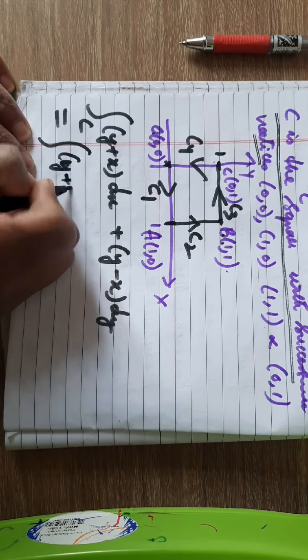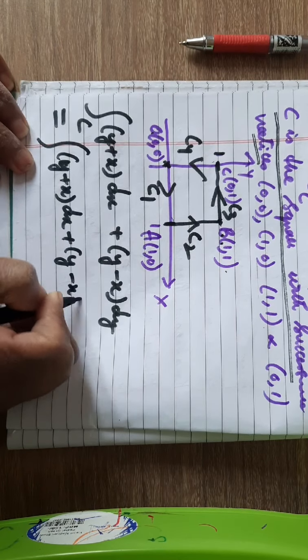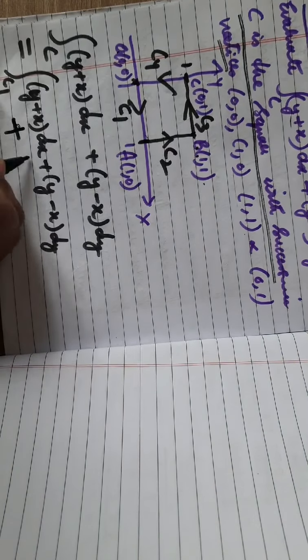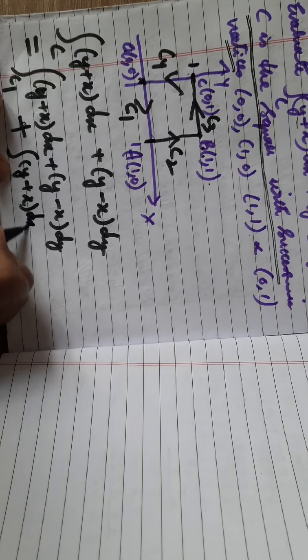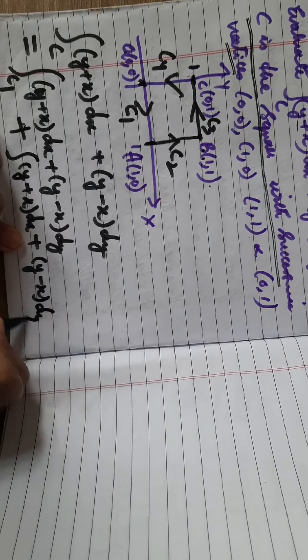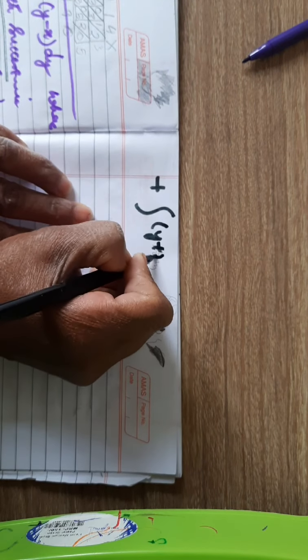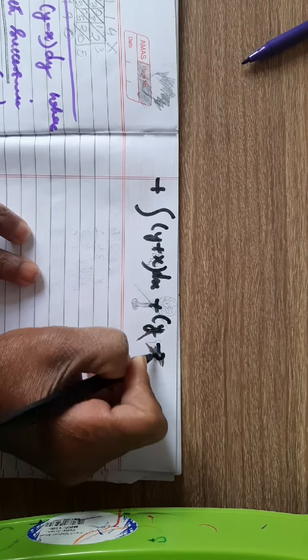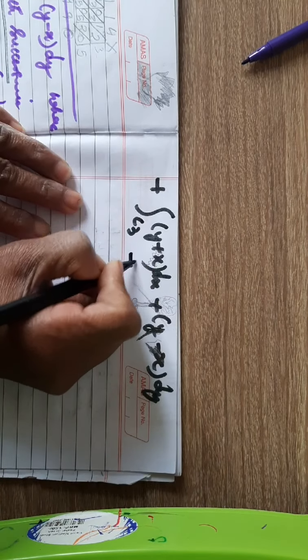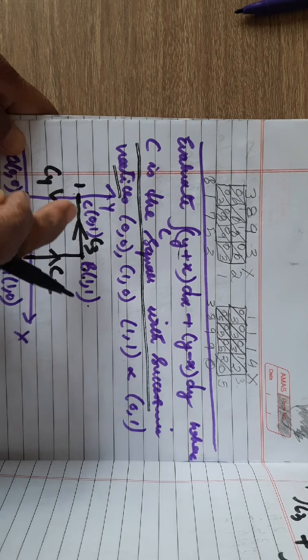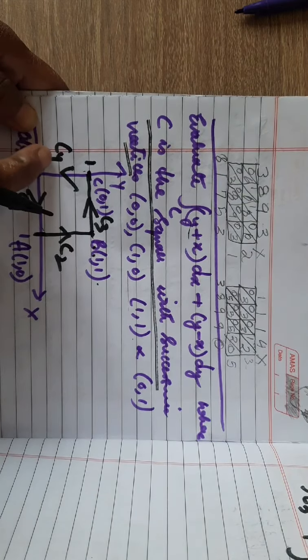One is (y + x) dx + (y - x) dy over C1, that is along this line segment, plus the integral (y + x) dx + (y - x) dy over C2, plus the next one over C3, that means along this line segment from B to C, and the last one is from C to O, which is a line represented by the line segment C4.